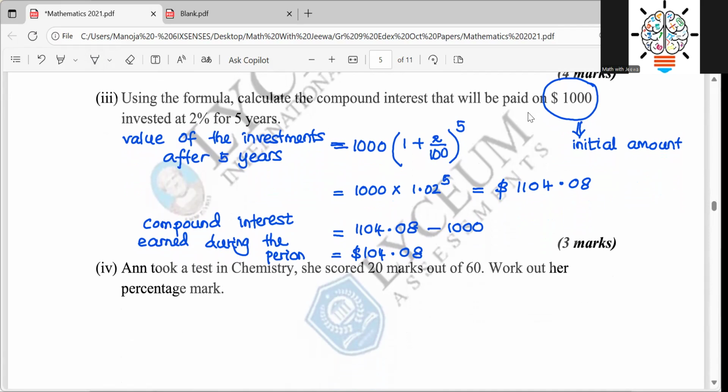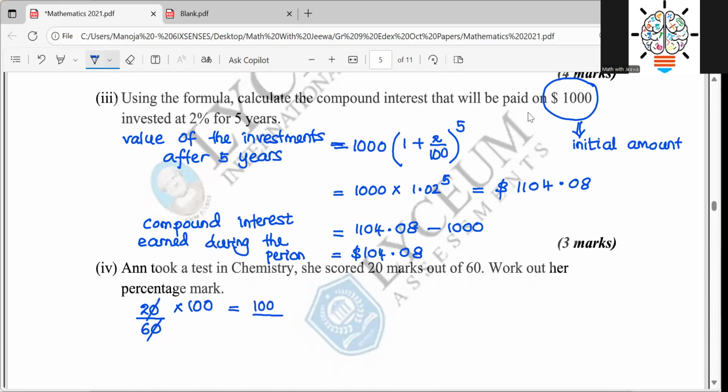Next, Anna took the test in chemistry. She scored 20 marks out of 60. If you want to find the percentage of her mark, you multiply this by 100. Then you can simplify, and the answer will be 100 over 3.